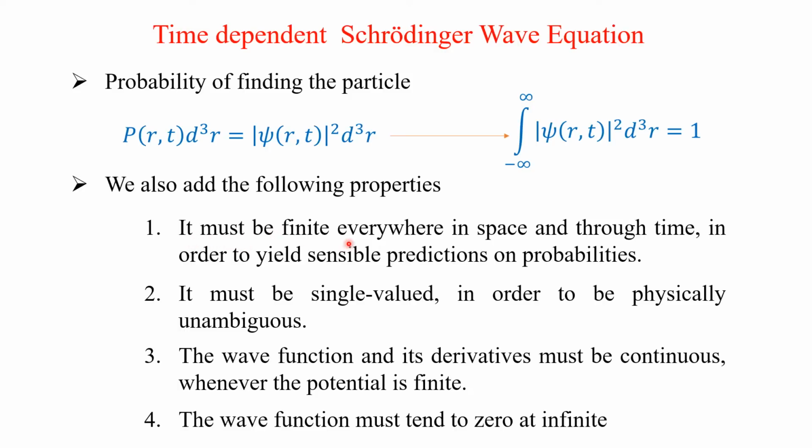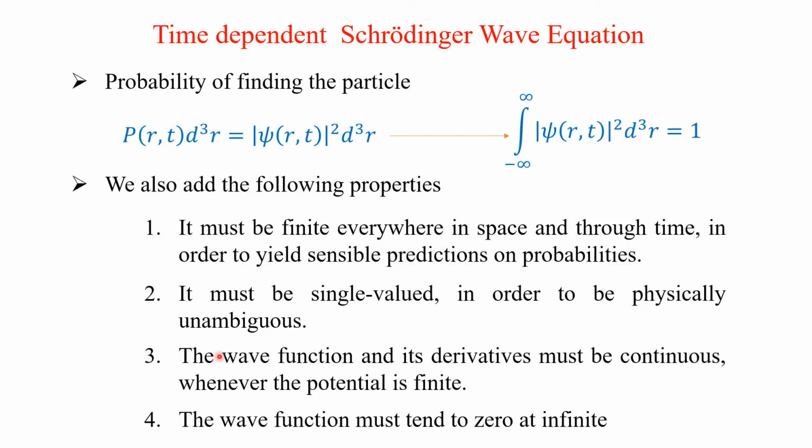It must be finite everywhere in space and through time, in order to yield a sensible prediction of the probability, because it must be a finite value. The probability varies from 0 to 1; the minimum value is 0, the maximum is 1. Also it must be single valued in order to be physically unambiguous.